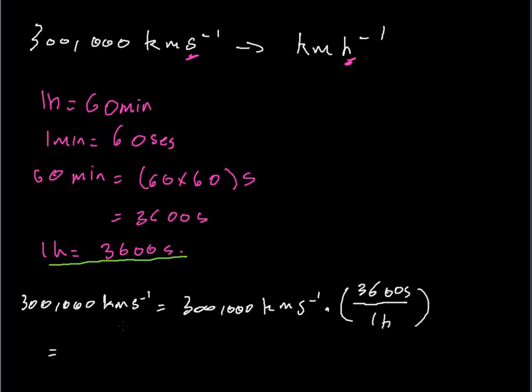And then we simply multiply through, right? We're going to cancel our seconds. We have a second unit up here and we have a second unit down there. And so we are left with 300,000. And since multiplication is commutative, we could write 300,000 times 3,600 km over, and what we're left with is 1 hour.